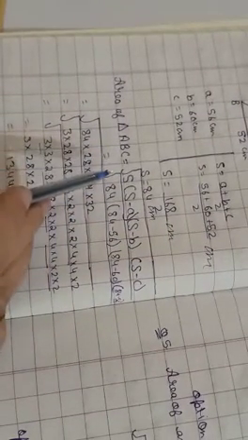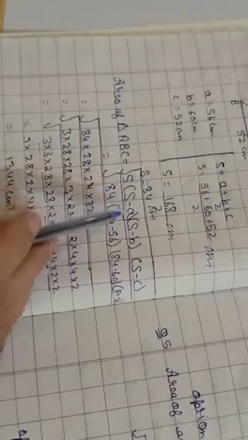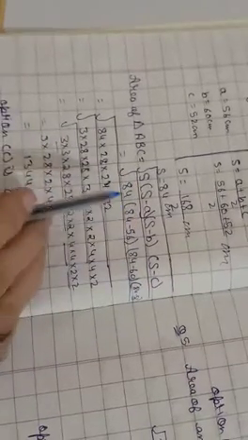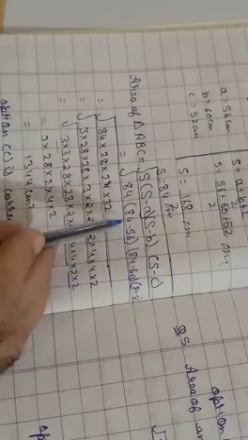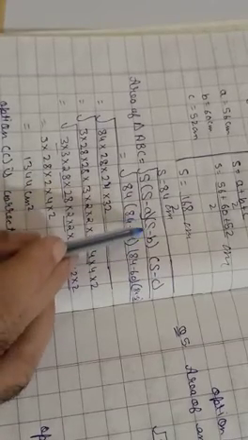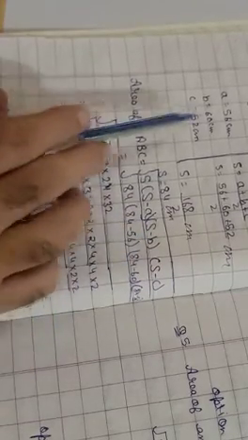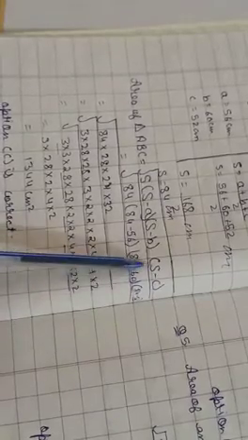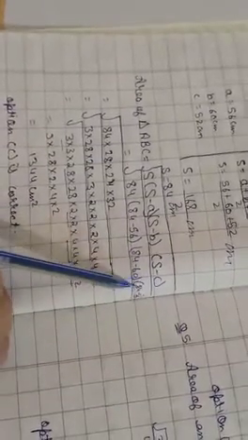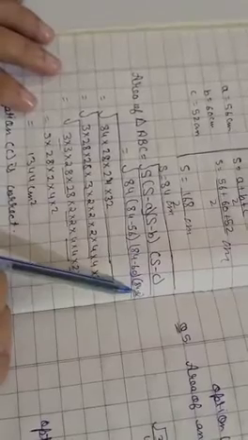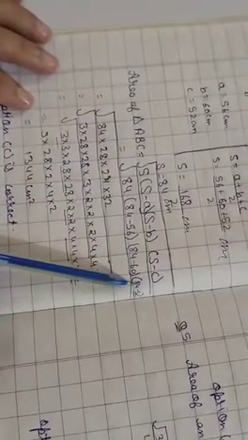Area of triangle ABC equal to root of S, S minus A, S minus B, S minus C. 84 minus 56, value of S is 84, value of B is 60, 84 minus 60, value of S is 84, value of C is 52, 84 minus 52.